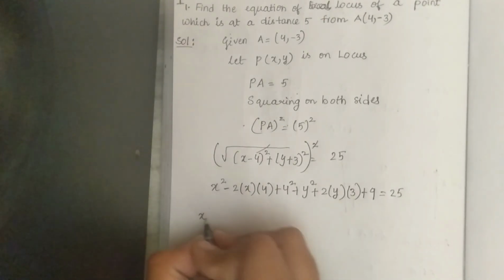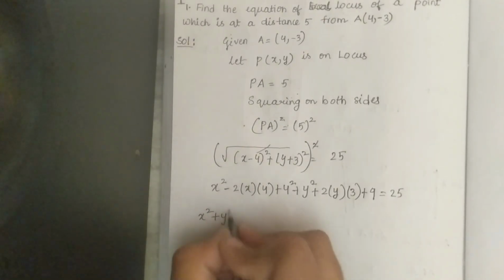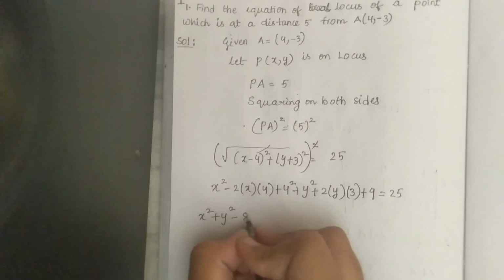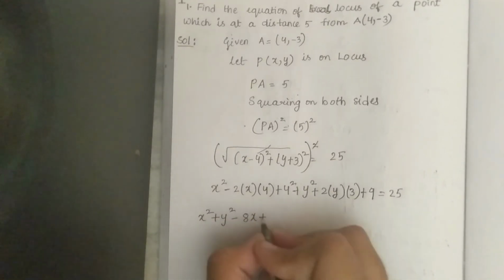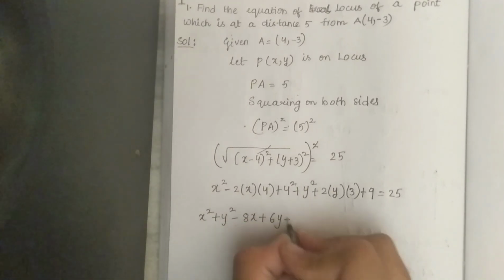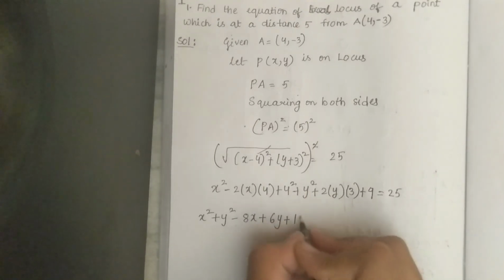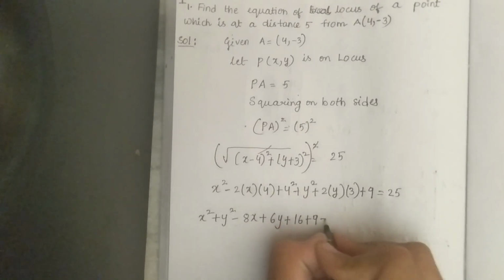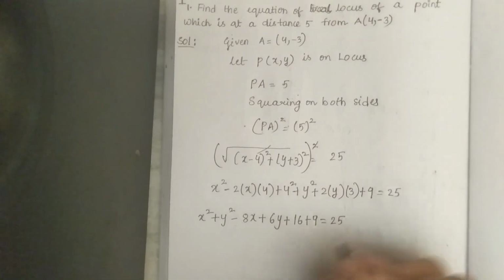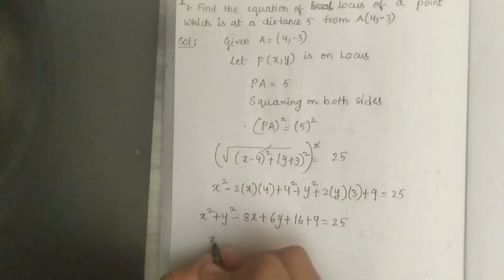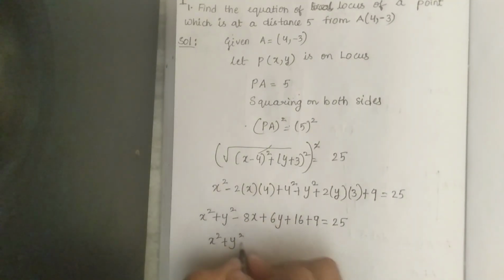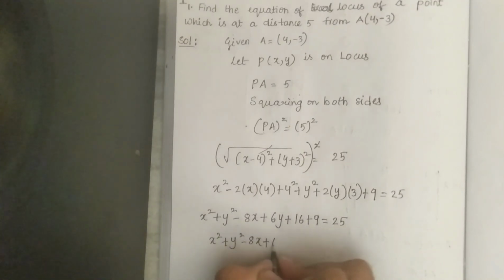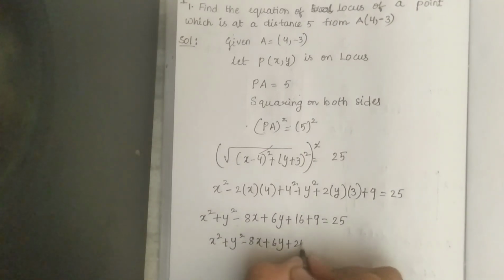So writing all, x square plus y square minus 8x plus 6y plus 4 square is 16 plus 9 is equal to 25. So here x square plus y square minus 8x plus 6y plus 25.